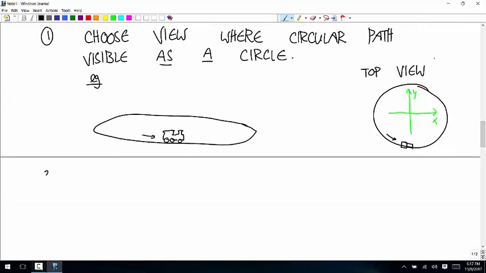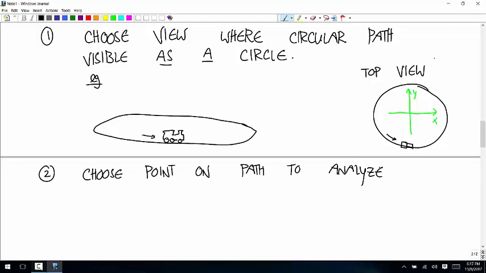And then the second step: choose the point on the path that you're going to analyze. Sometimes a location on the path will be given in the problem and you don't have a choice. And sometimes you can choose any one that you want.